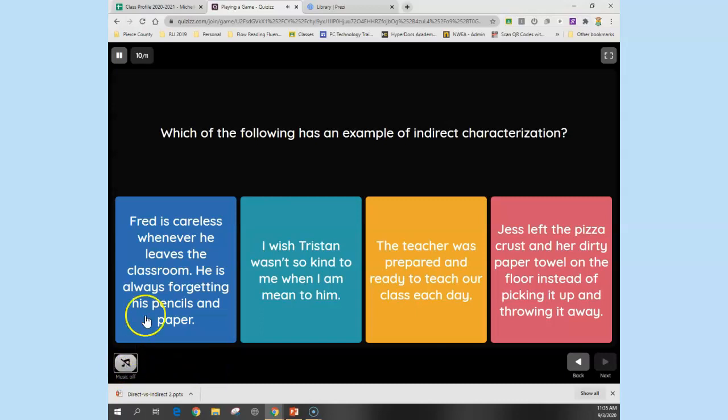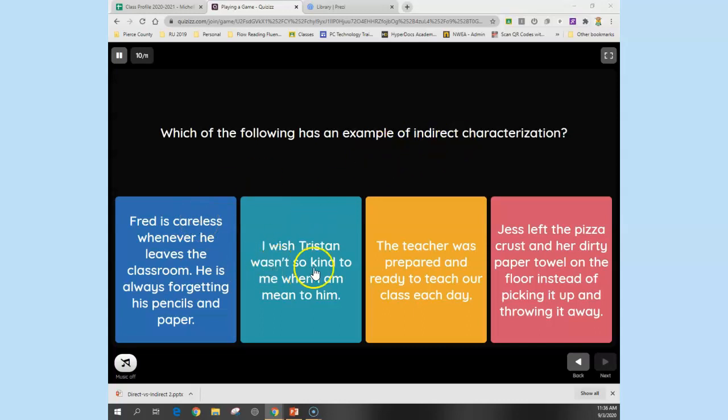Let's talk about this. We're looking for one where we have to decide the adjective. Fred is careless whenever he leaves the classroom. He's always forgetting his pencils and paper. Well, we're given an example, but we're also given an adjective here. So we don't have to guess. They're telling us directly. So that's not indirect.